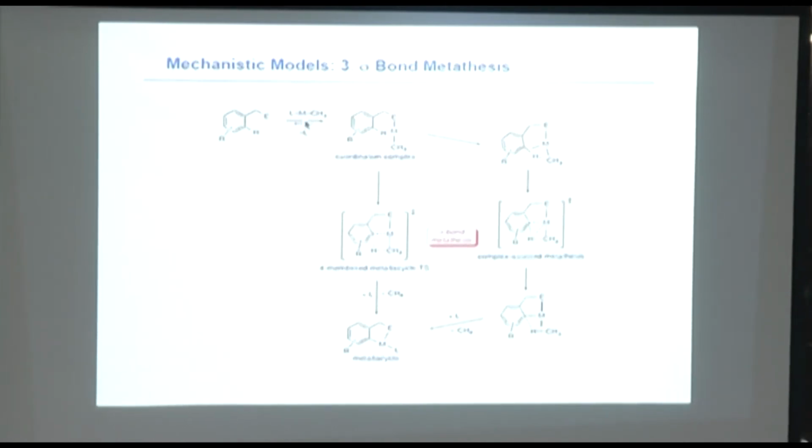And here we have a four-membered transition state, which can fall back either side, but typically the ligand on the metal precursor is a very strong base. And once it's protonated, it becomes such a weak acid that this part here is irreversible.